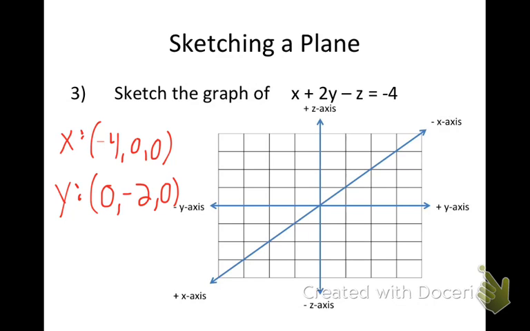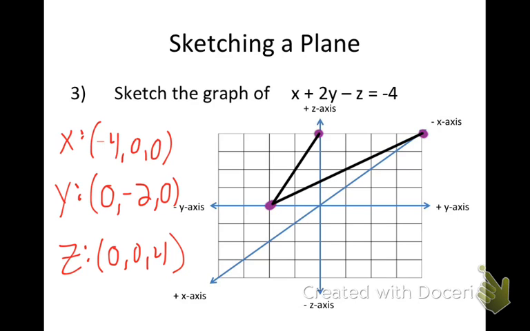And then my z-intercept would be what, Allie? 0, 0, 4, nice job. So I did my x-intercept, back 4. Y-intercept, left 2. Z-intercept, up 4. Connect them. And then I shade them. And there's my plane right there.